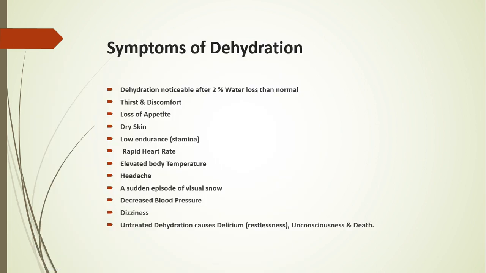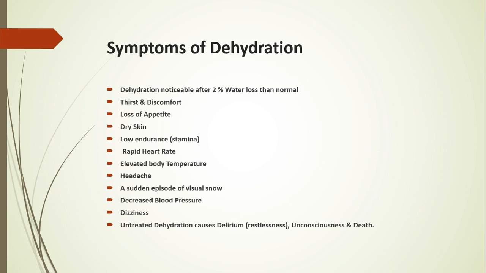Symptoms of dehydration include thirst and discomfort, loss of appetite, dry skin, low stamina, rapid heart rate, elevated body temperature, headache, decreased blood pressure, sudden episodes of visual snow, and dizziness.